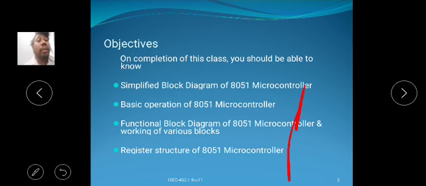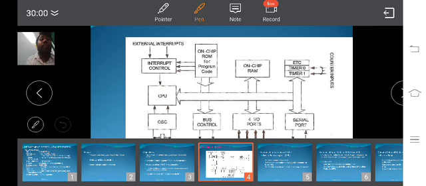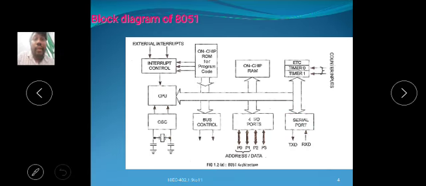You have to draw the simplified block diagram. In the simplified block diagram of 8051, we have the interrupt control unit, external interrupts, central processing unit, oscillator unit, on-chip ROM for the program code, bus control, on-chip RAM, 4 input output ports.